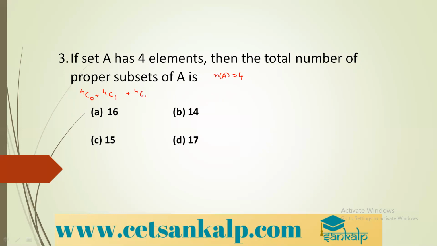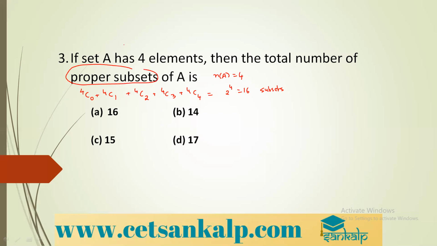From 4 you select any 2, from 4 you select any 3, or from 4 you select any 4, all the 4 I mean. So total 2 power 4, that is 16 subsets are formed.